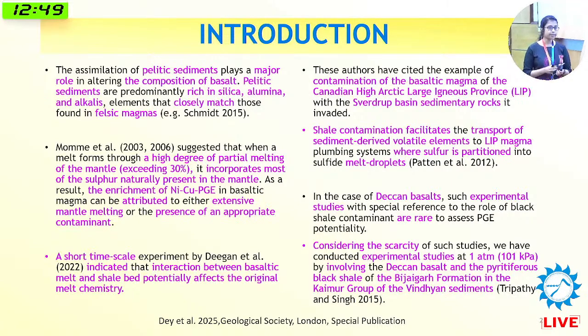So considering that, we have tried to run a few experimental studies. We have one at 1 atmospheric pressure, where we have contaminated the Khandwa basalt with pyritiferous black shale contaminant from Vindhyan supergroup.